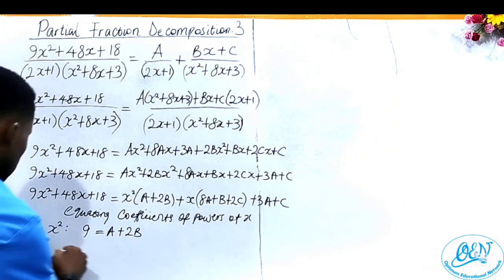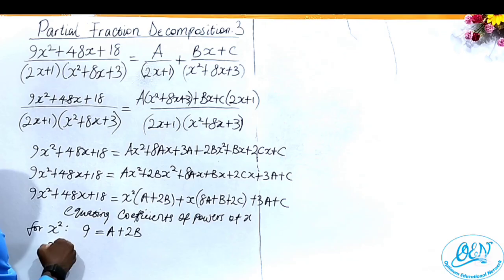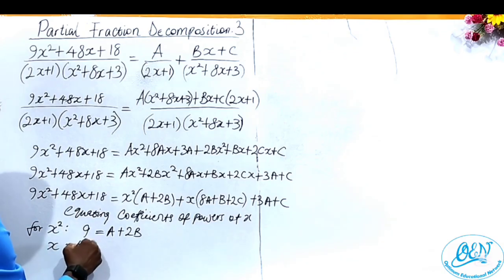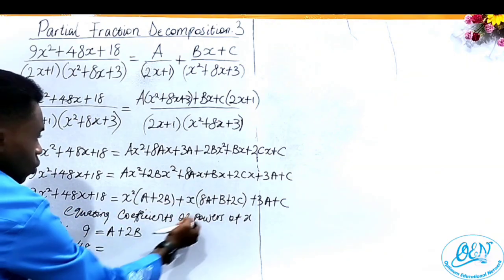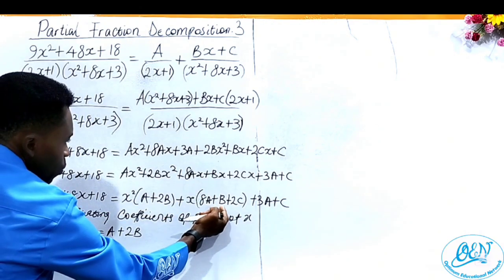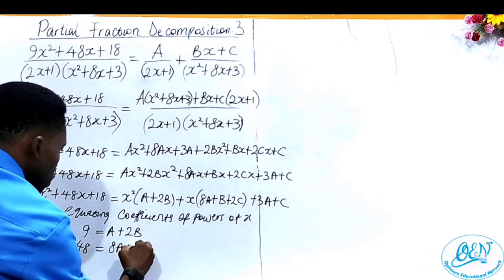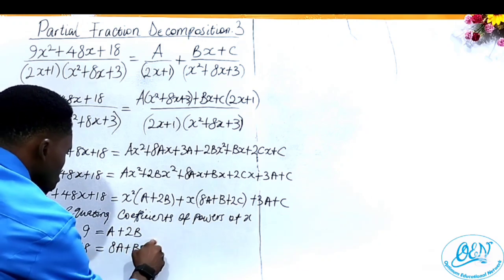For x, in this part of the equation, we'll have 48 as the coefficient of x. So in this part of the equation, we'll have 8a plus b plus 2c.